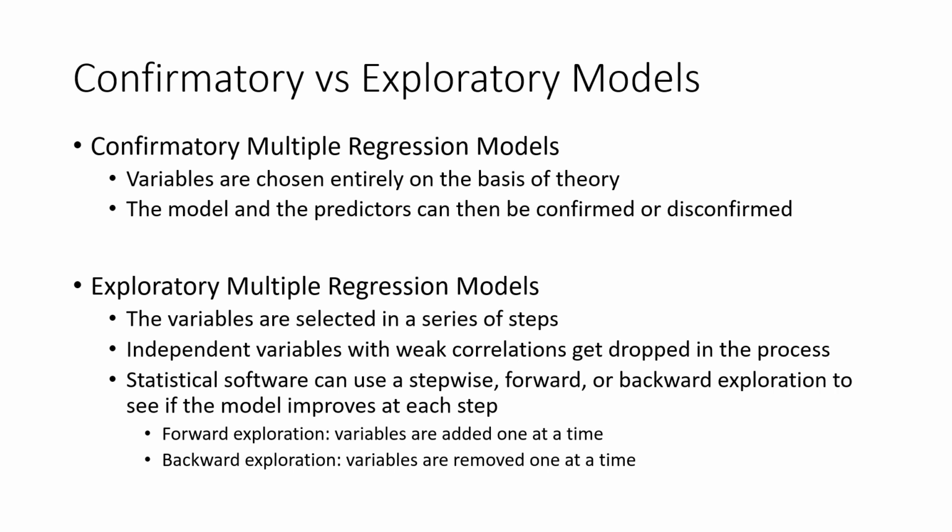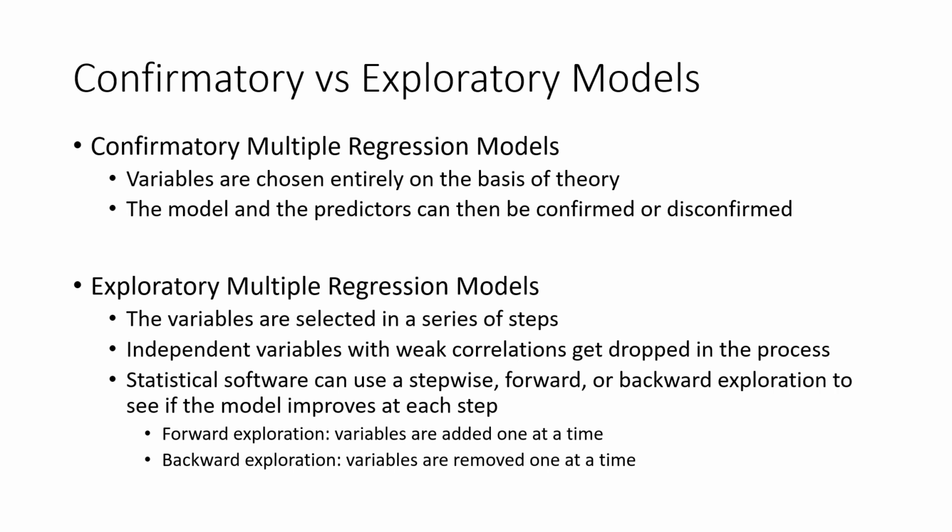Exploratory model building, on the other hand, builds a model across a series of steps. So rather than building one model and testing it, it goes through a set of iterations. And during these different iterations, independent variables or predictors that have weak correlations with the outcome get dropped out in the process. You can use statistical software, including SPSS, the one that we're using, to do this.